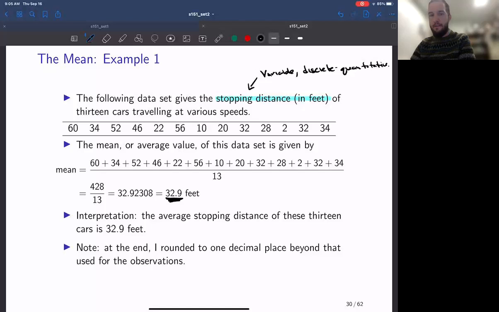So this would be the average stopping distance of the 13 cars. We would say that on average, the 13 cars in our data set take 32.9 feet to come to a complete stop. You'll notice that I rounded to 1 decimal place beyond that used for the observations. There might be a situation where you find in the assignment a notation or an instruction that indicates this, okay?